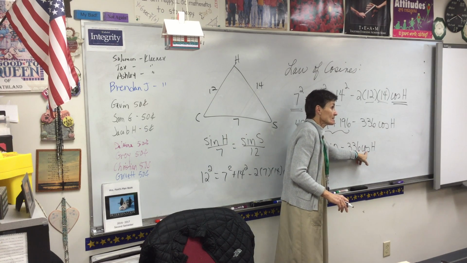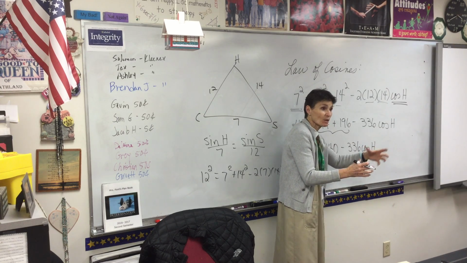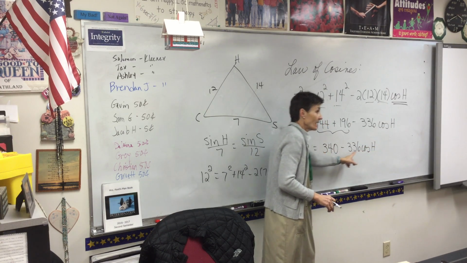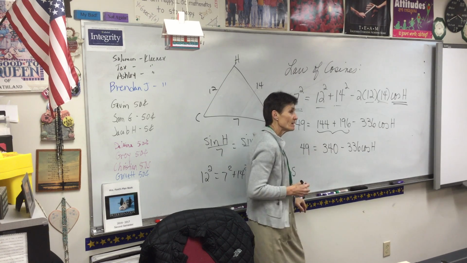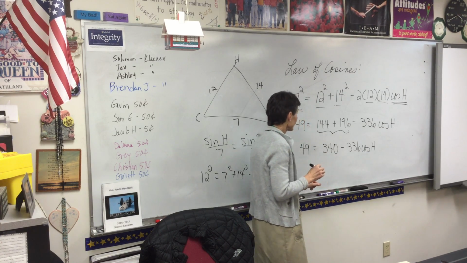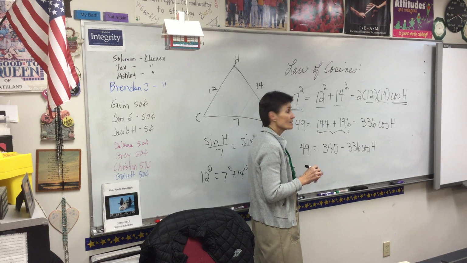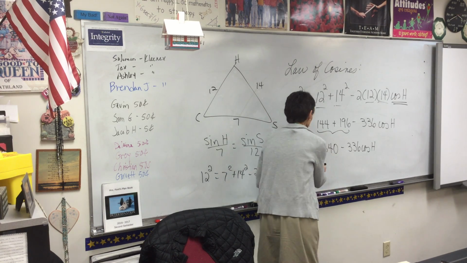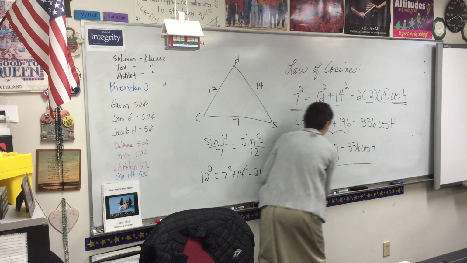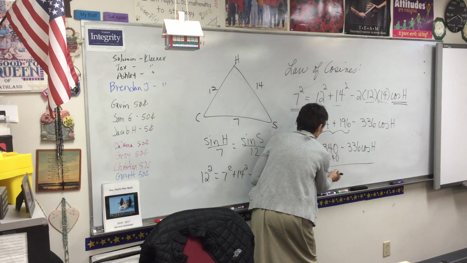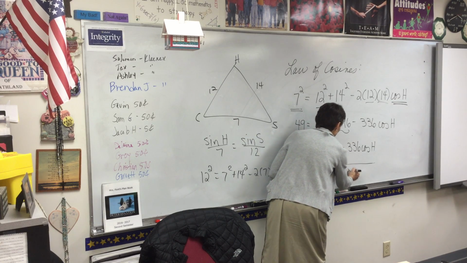Because 336 is part of a cosine expression. These are not like terms. Where do I go from here then? Subtract 340 from both sides? That's what you want to do. So over here you're going to have negative 336 cosine S.